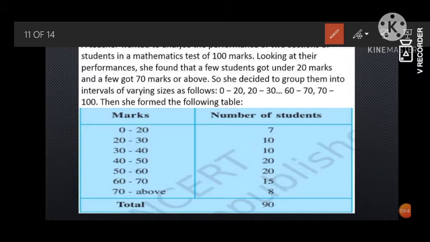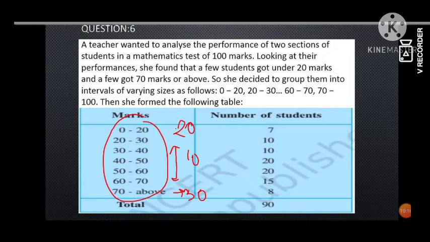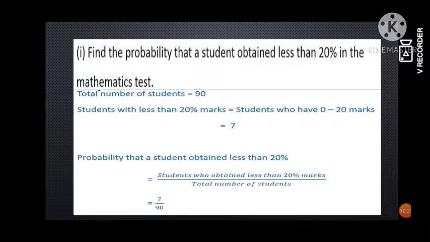So she decided to group them into intervals of varying sizes as follows: 0 to 20, 20 to 30, 30 to 40, 40 to 50, 50 to 60, 60 to 70 and 70 and above. Now the class size is not uniform. The first class size is 20, the rest are 10, and the last one is 30. So the class sizes are different. Okay, that does not bother our answer in probability.